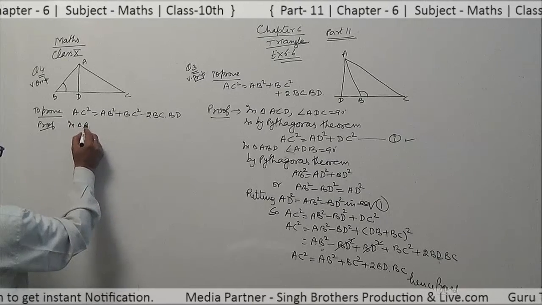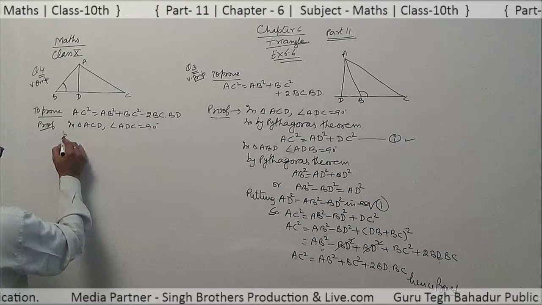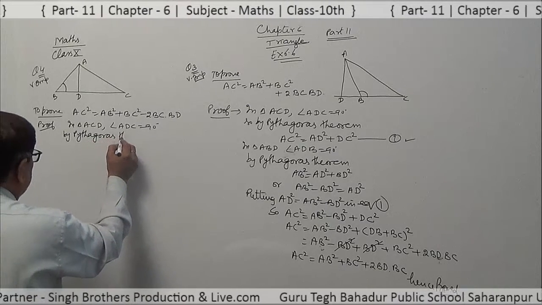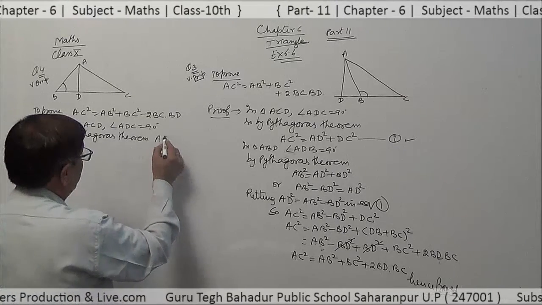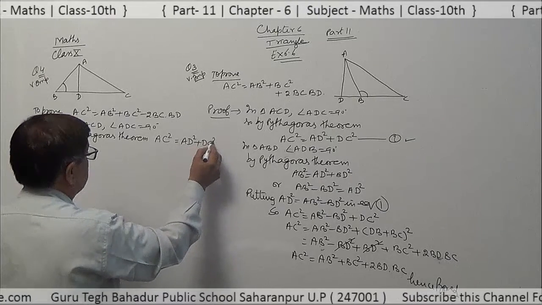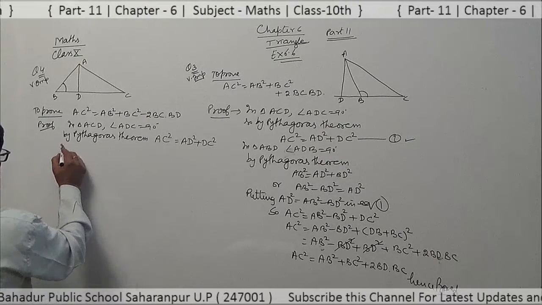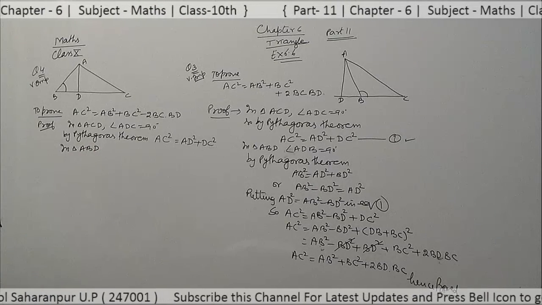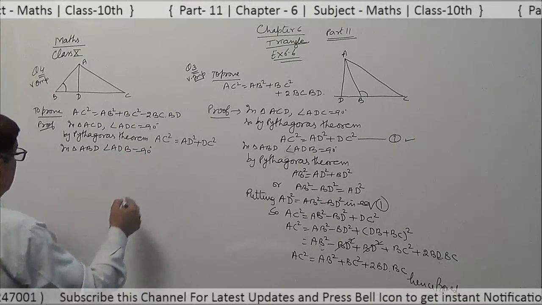In triangle ACD, angle ADC is equal to 90 degrees. So by Pythagoras theorem, AC square is equal to AD square plus DC square. In triangle ABD, angle ADB is 90 degrees.